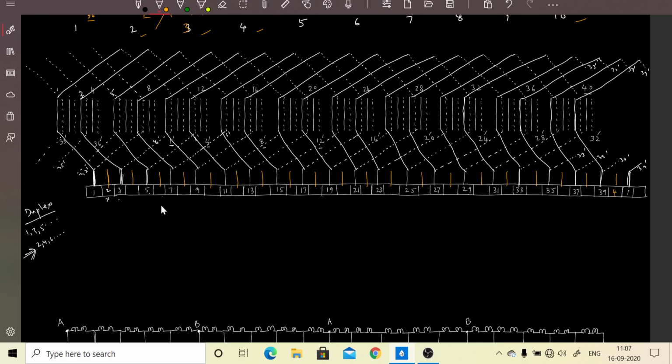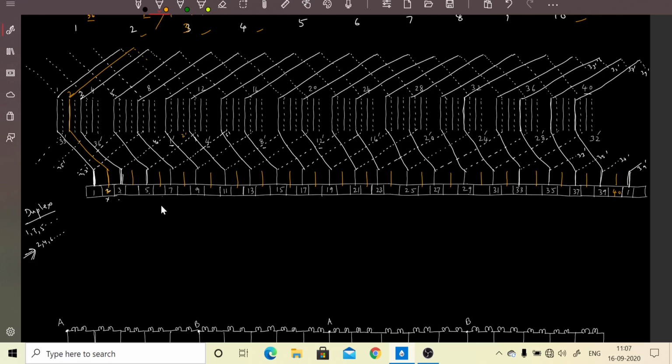This is 40 and this is 2. Now we will be starting at 2, and this is coil side 2, the upper coil side, and we'll be connecting 2 like this, and this goes to coil end 2 dash.